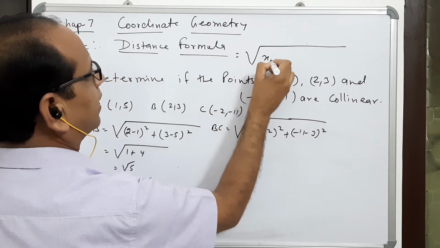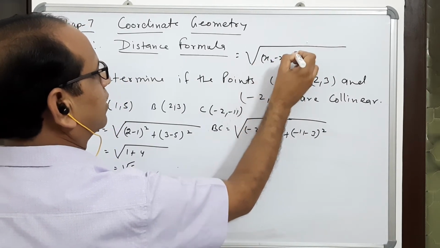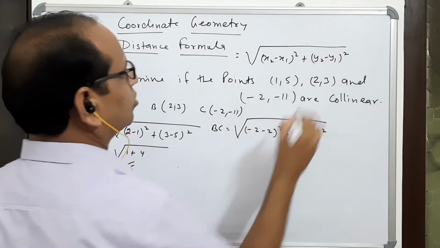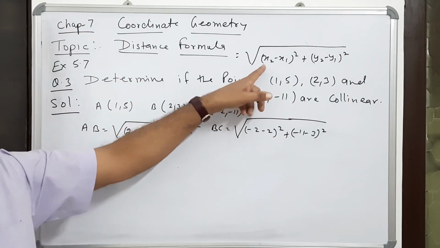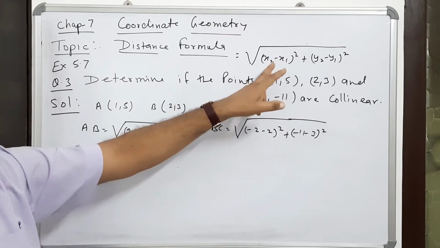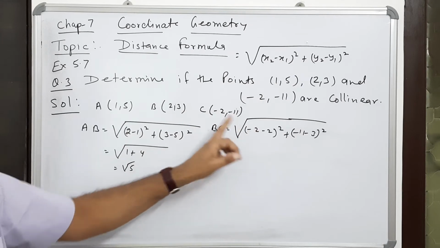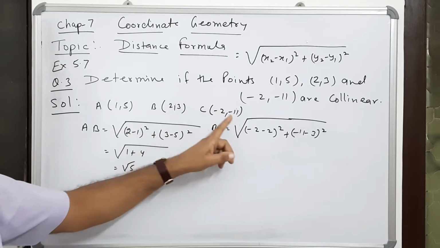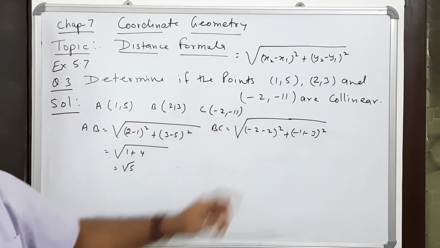The distance formula is (x2 minus x1) whole square plus (y2 minus y1) whole square. This is not a new part, we have already done problems based on this, but still, for your information, I have written the formula.